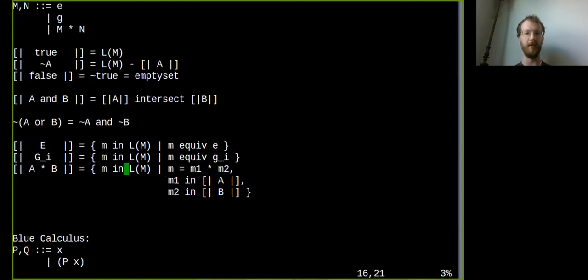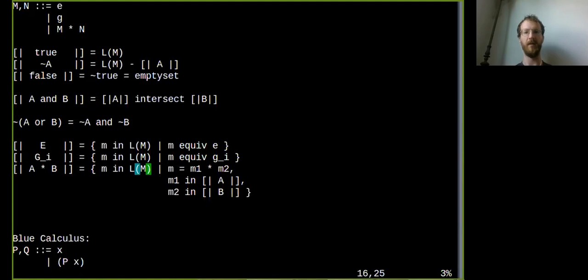And then we can also use this binary operator up here in our logical language. What its meaning is going to be is that our M is going to decompose.